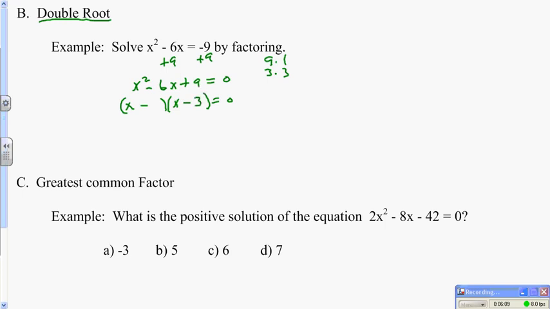So we have 3 and 3. Now when we ask ourselves, what can we plug into x here to make it 0? 3 is the answer for the first one. And it happens to be that 3 is the answer for the second one. These are considered double roots. Now if you were to graph this, it would only intersect the x-axis at one point, 3. But when you solve it by factoring, you get 2 of them. So the way they reference this is to say 3 is a double root.